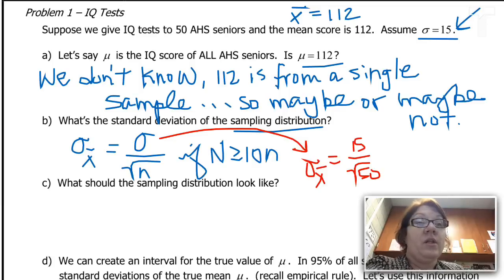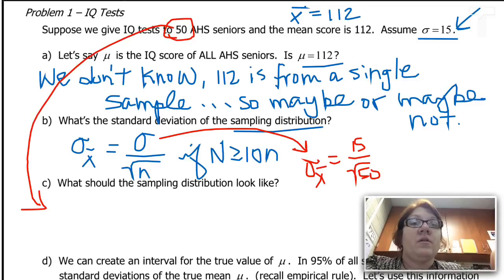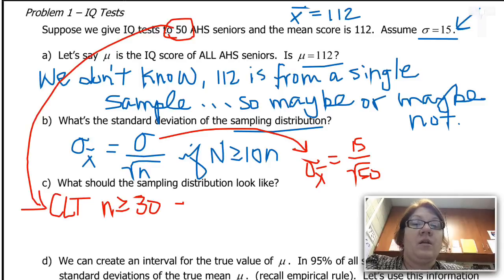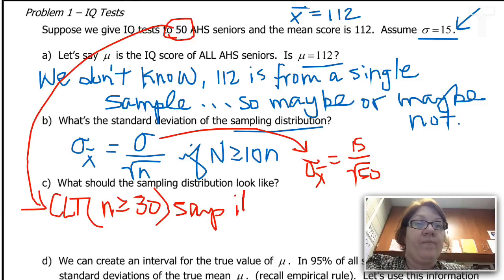And then what should the sampling distribution look like? Well, since my sample size is greater than or equal to 30, then it should, by CLT, be normal.